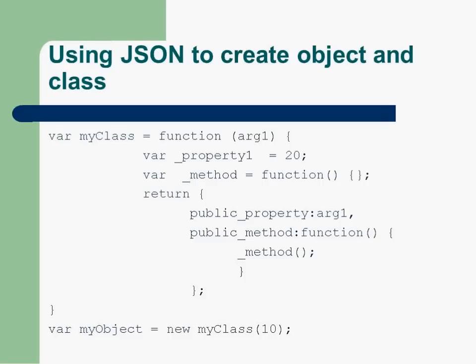I have used one underscore property, a kind of private property, but it's not like JavaScript will treat the underscore specially. It's just a convention. So this underscore property 1 and underscore method, you can use them inside the definition, defined in scope.